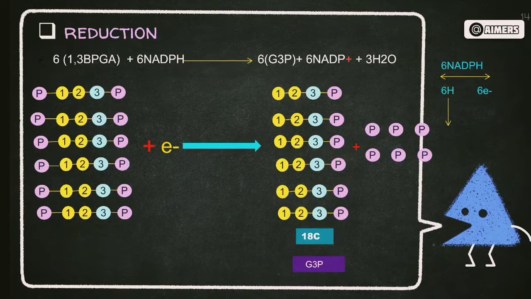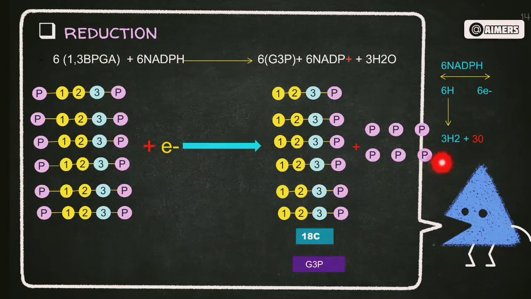So now these 6 electrons have been used. They have been added into 1,3-bisphosphoglyceric acid to make glyceraldehyde 3-phosphate. These 6 hydrogens from 6 NADPH are remaining. Now what happens to these 6 hydrogens? I can write these 6 hydrogens as 3H2. Okay, and I told you in carbon dioxide that 3 oxygen are remaining.